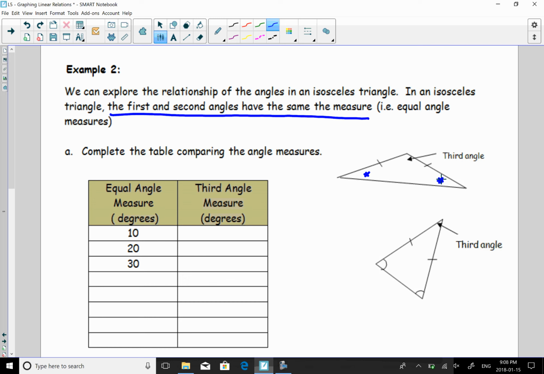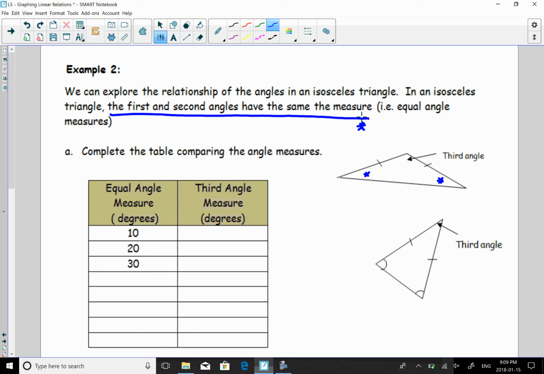Okay. So in a 180 degrees triangle, you do 180 minus 10 minus 10 to get the third angle.